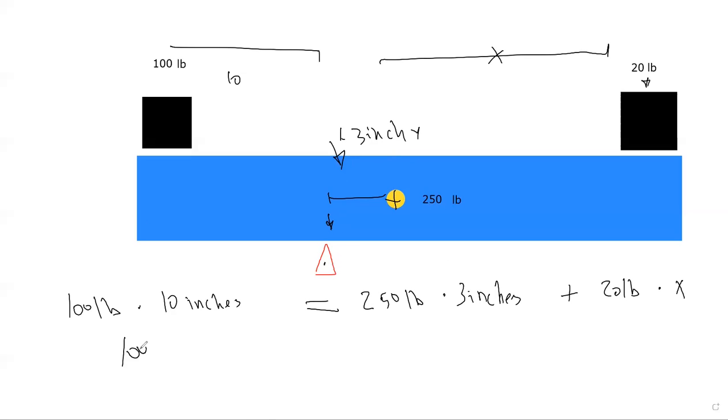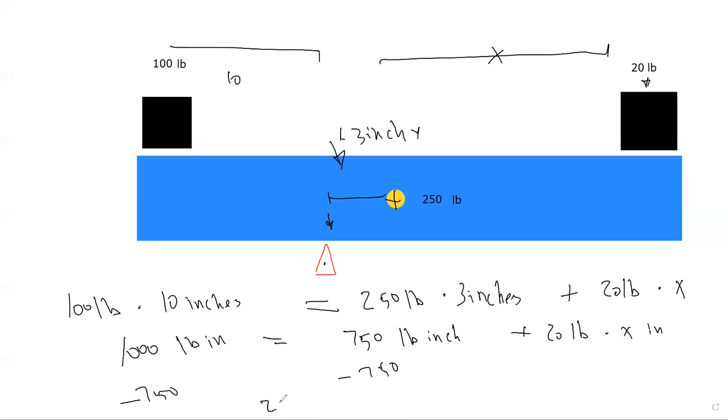So this is 1,000 pound inches equals 750 pound inches plus 20 pounds times some unknown distance. We subtract 750 from both sides.